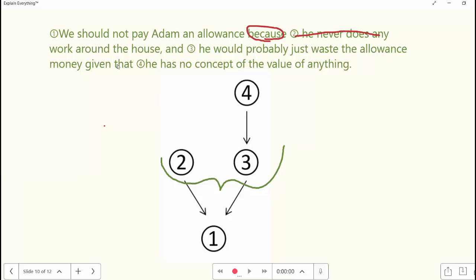Likewise, if you remove this and all it said was we should not pay Adam an allowance because he'd probably just waste the allowance, the fact that he would waste the allowance is all by itself the kind of information that would lead you to 1. So these aren't working together in that substantial kind of way. They're only working together in the pro-con kind of way where you're just adding weights on one another.